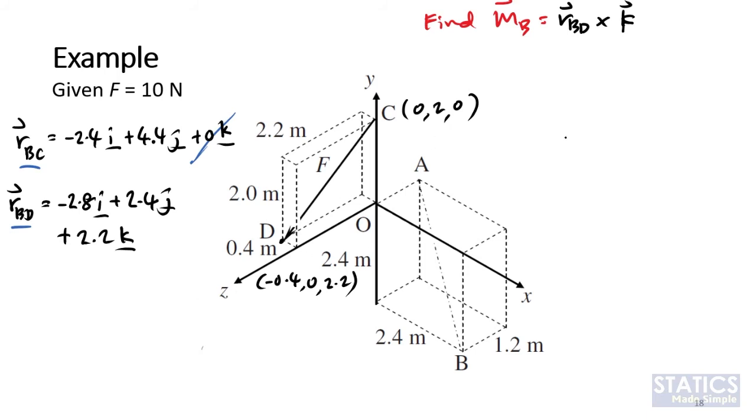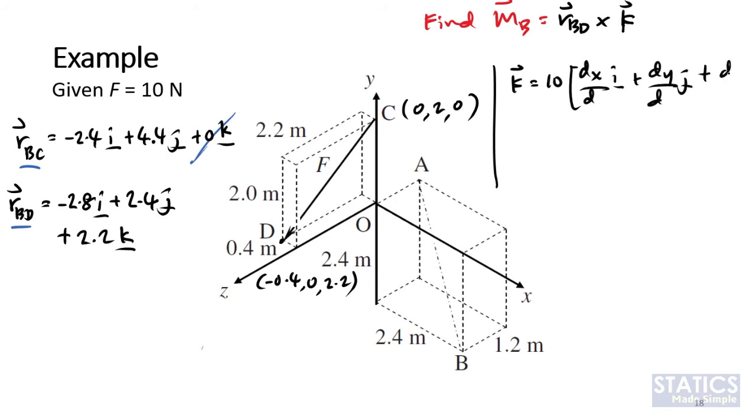Once we know this, we can determine F in terms of IJK. F will be equal to its magnitude 10 times dx over d I plus dy over d J plus dz over d K. Just substitute the values here.